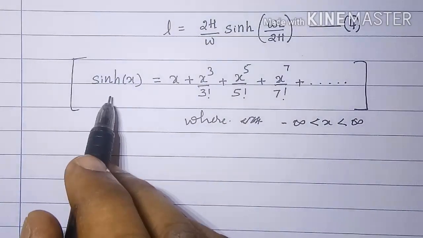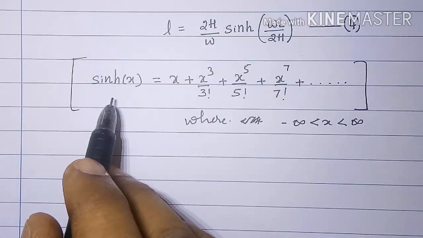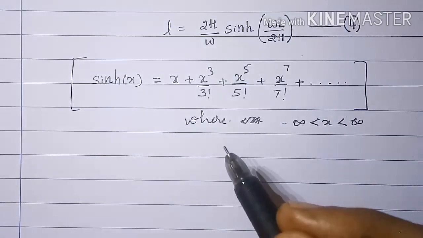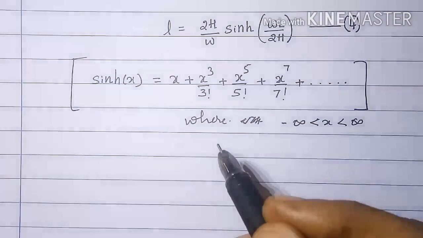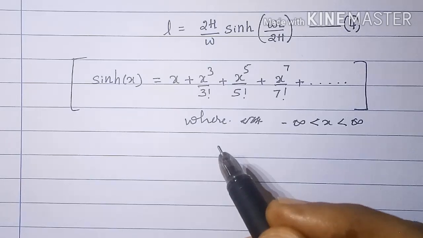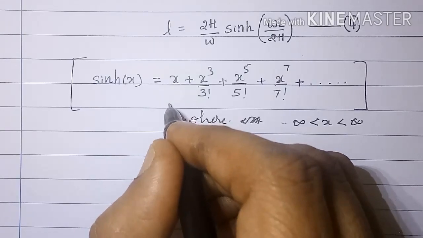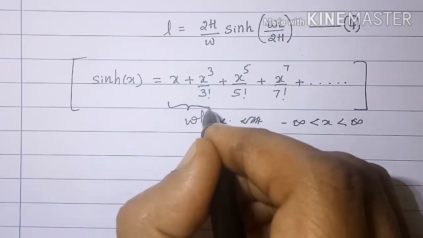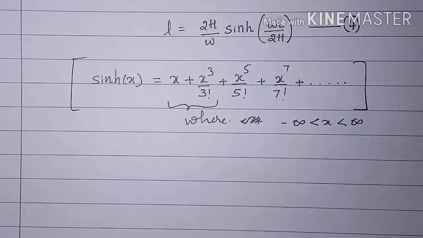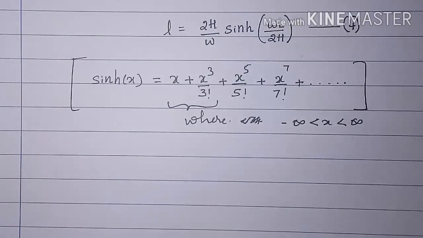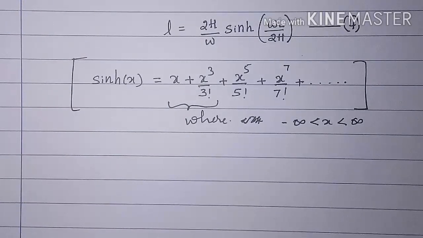Now, of this sine hyperbolic series, we will make use of only lower order terms and neglect higher order terms. Lower order terms in this case for us will be only the first two terms, because that suffices the accuracy required by us.